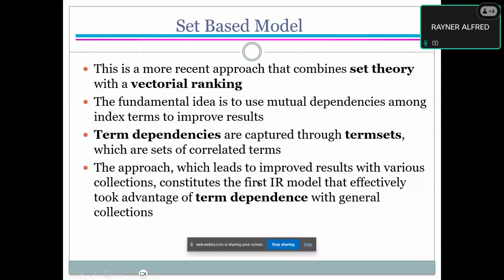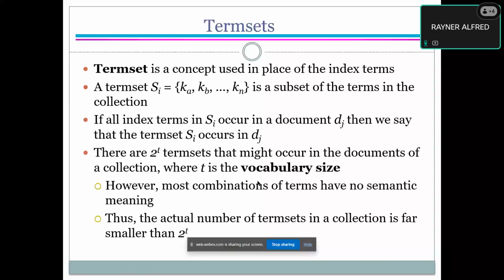The concept of term set is introduced, in which it replaces the index term. In the previous lecture, we only considered one index term, right? For this one, we use the set-based model in order to group single terms to become term sets.